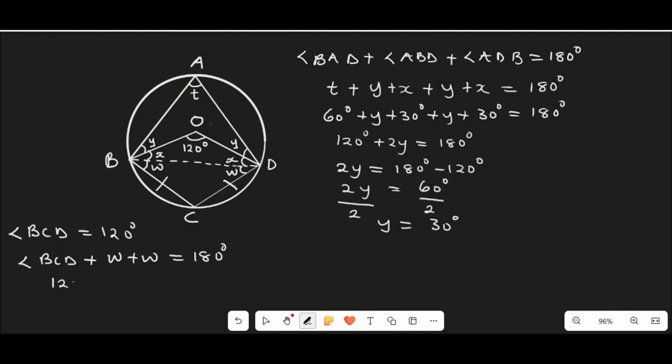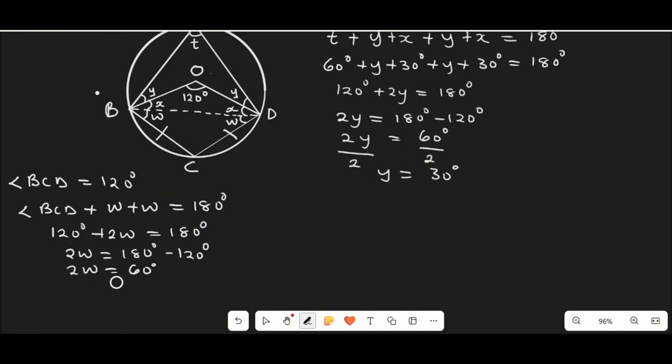So 120 degrees plus 2w equals 180 degrees. Let us transpose 120 to the right hand side. We have 2w equals 180 degrees minus 120 degrees, so 2w equals 60 degrees. Dividing both sides by 2, w equals 30 degrees.